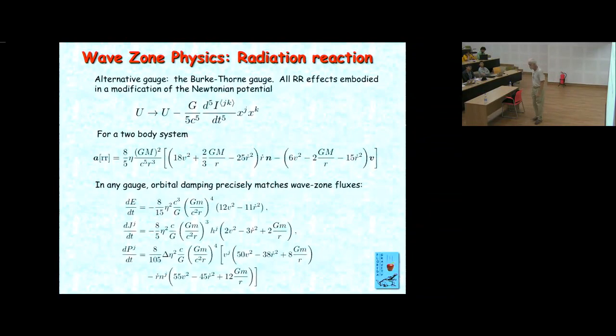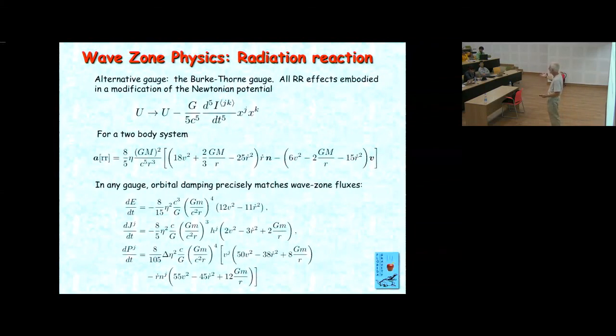And when you do that, plus some manipulations that I'll just illustrate on the next slide, you get results for dE/dt, dJ/dt, and dP/dt that agree completely with what you get from a calculation in the far zone using the energy fluxes. You should really think of this as a pretty impressive result in the sense that you're taking two extremely different approximations.